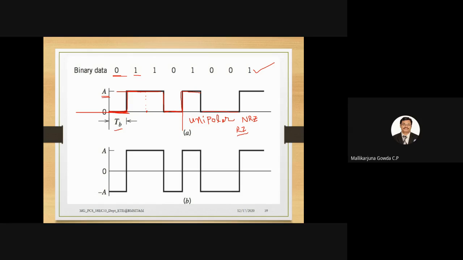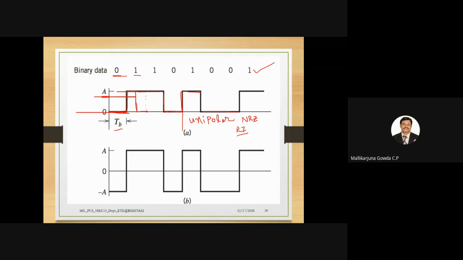In case of return to 0, what happens? It will be high for half of the bit duration, then it will come back to 0. It will be plus A volts for half of the bit duration, and it will come back to 0 and stay at 0 for the other half of the bit duration.